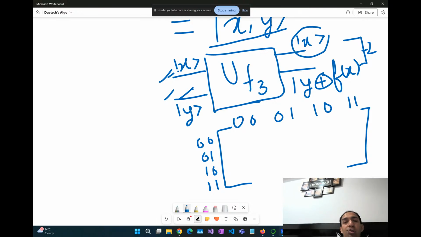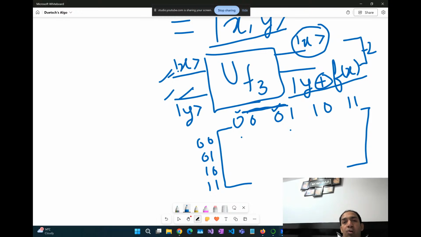So this will be 0 for sure, which means the answer may be among these two, because here x is 0. It may be here or here, anywhere here. Now, which one among these, you just calculate this one. So for 0, 0, the value will come as 0, 1, and we have already done that.